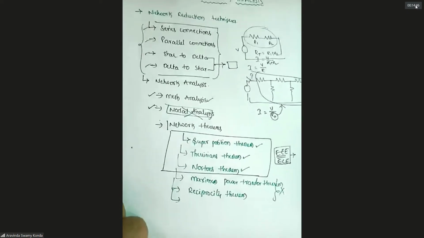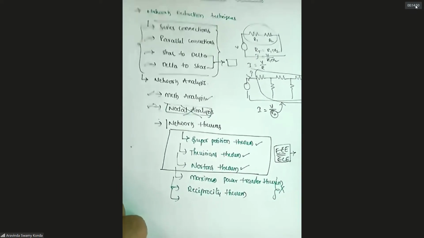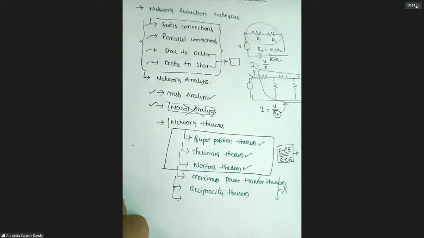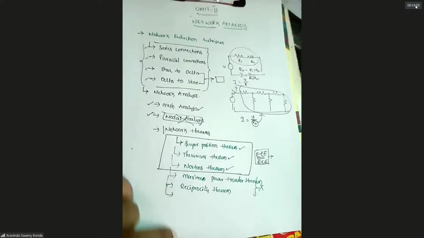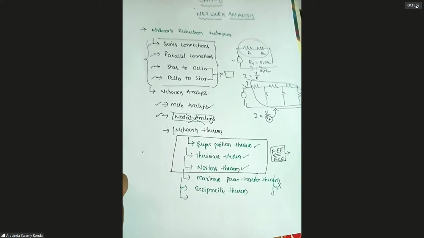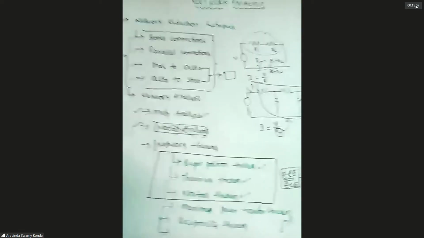Next, network theorems: superposition theorem, Thevenin's theorem, Norton's theorem. These three theorems we use to find the response of the circuit. This is the basic introduction to network analysis, and these are the contents we want to deal with in this unit. Am I clear up to now?